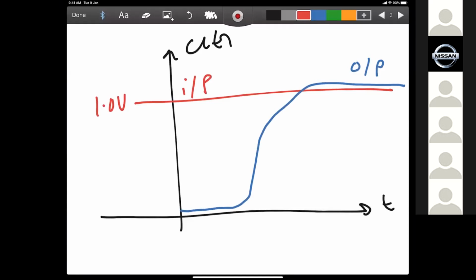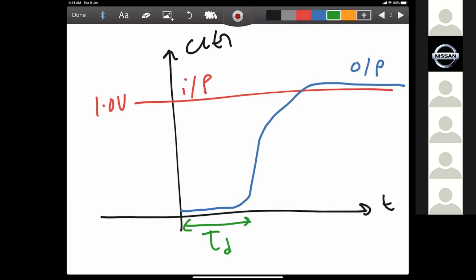So the time delay is this one, the time taken before the response starts to increase, catching up. So this is the time delay.